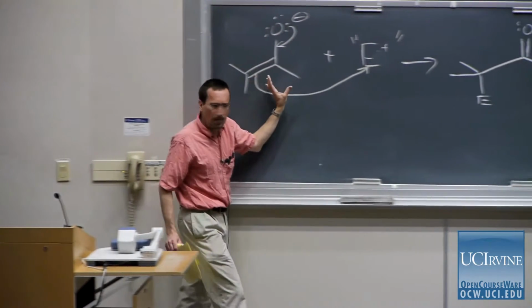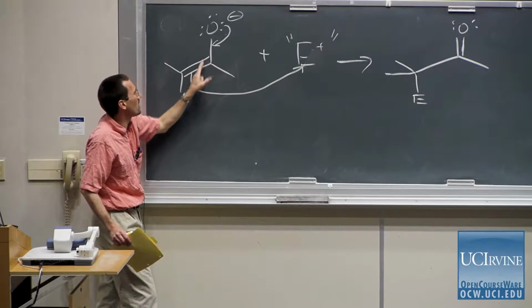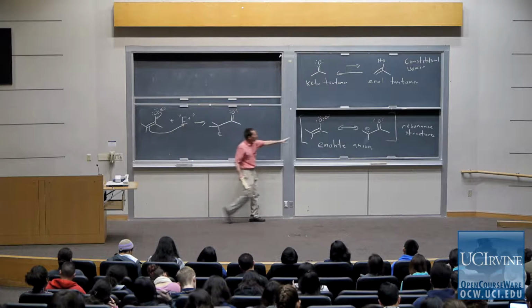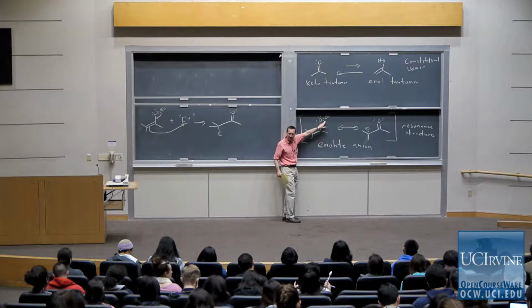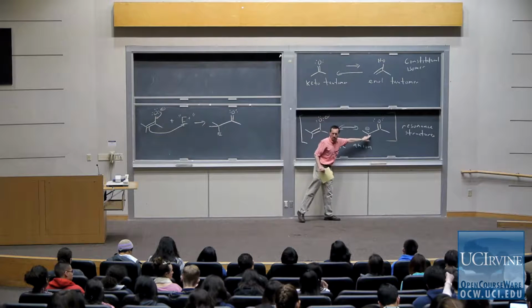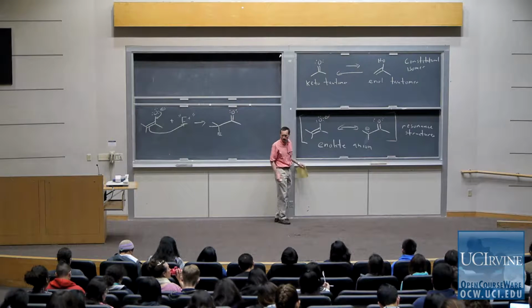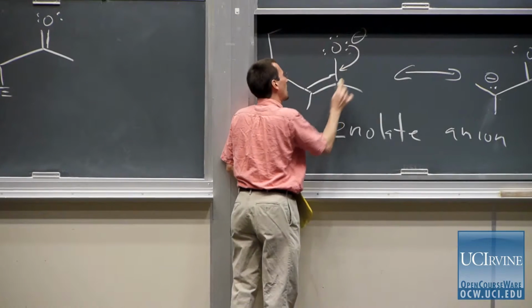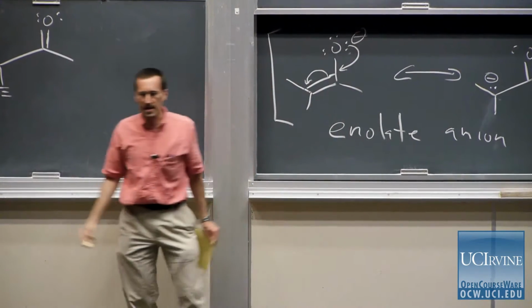Now, if you're not comfortable with moving all of these curved arrows around, realize that this is just the representation, that this first part of moving electrons down and moving these electrons is just the embodiment of how we get from the resonance structure on the left to the resonance structure on the right. In other words, when I'm interconverting these two resonance structures, in my mind's eye, I'm bringing these electrons down and bringing these electrons onto the alpha carbon.